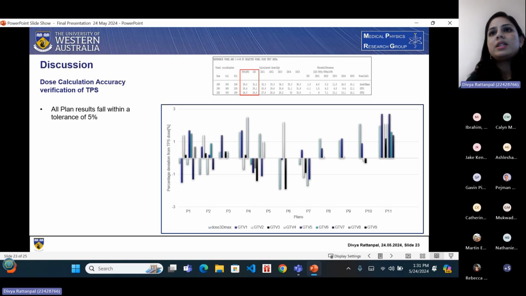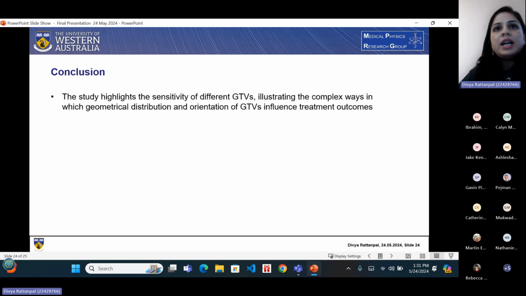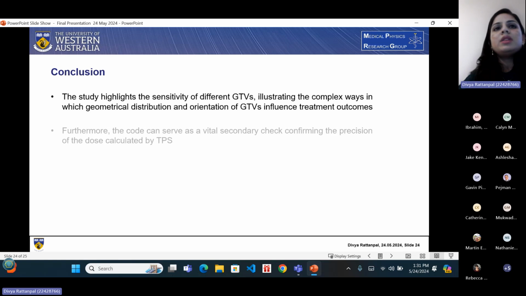To conclude, this study highlights the sensitivity of different GTVs, illustrating the complex ways in which the geometrical distribution and orientation of GTVs influence treatment outcomes.